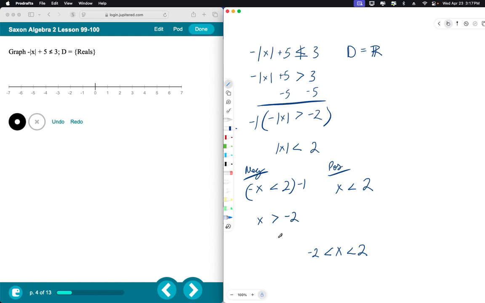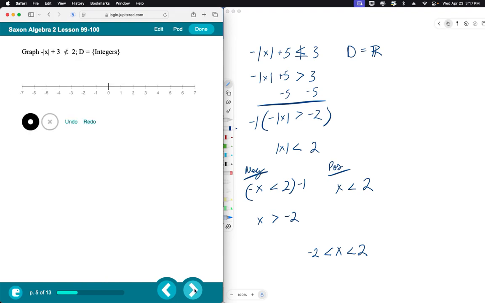We just flipped it around and kept the larger opening to the x. So now we can graph that in the domain of reals. We're going to circle the negative 2 and circle the positive 2 because this is reals. We'll draw a line between the two. There's no equal sign, so we don't have to worry about filling in the circle.